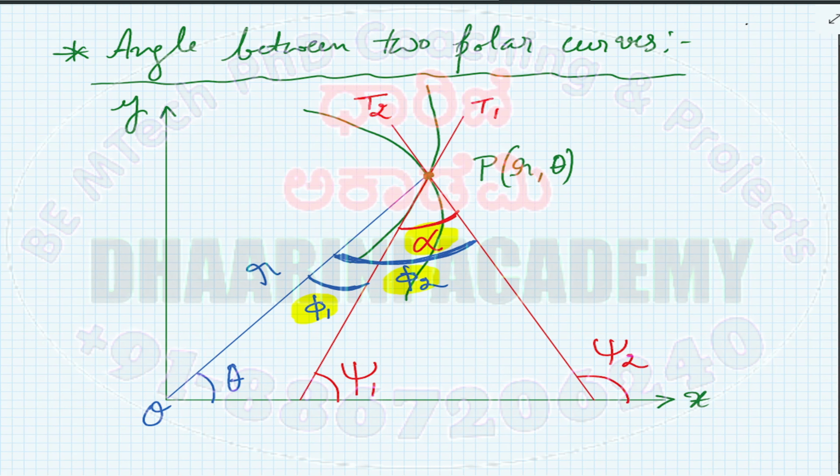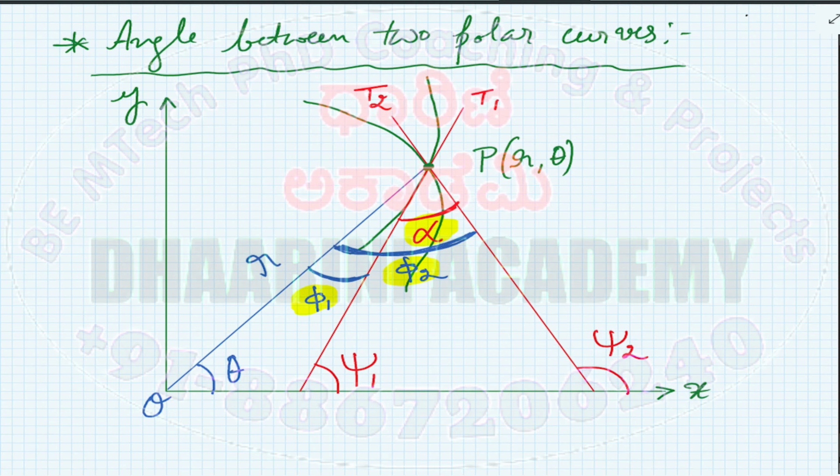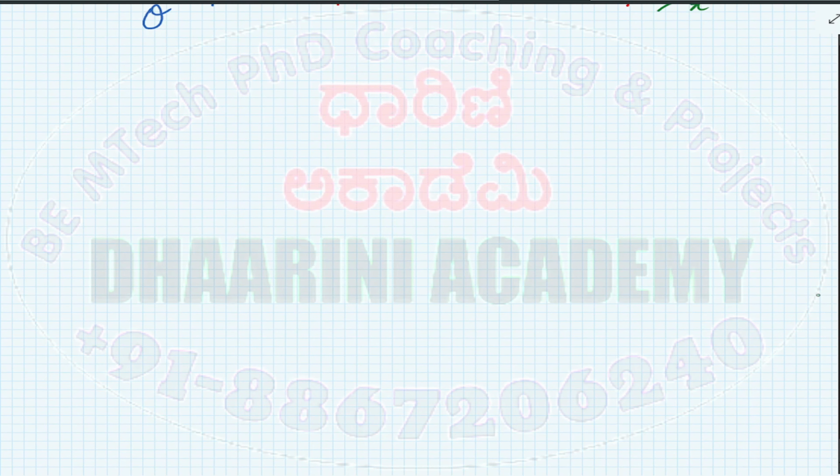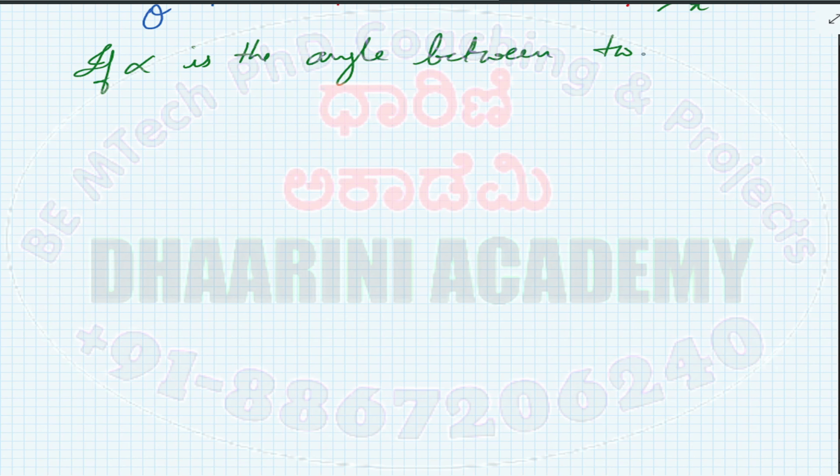So let me write the equation once now. So the equation is like this. So if alpha is the angle between two curves.